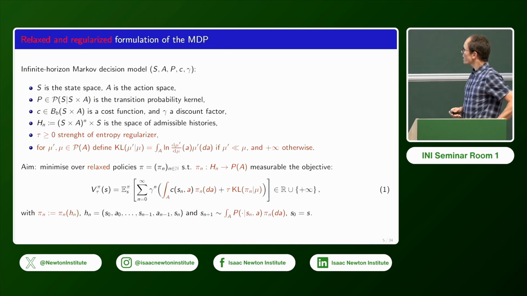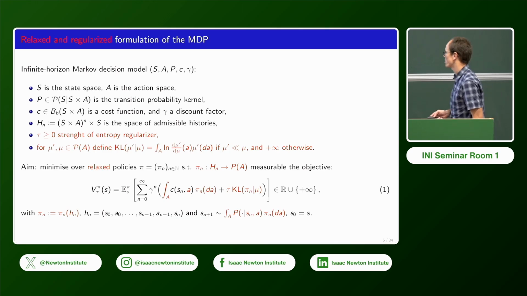So we are working with a state space S, action space A, transition probability kernel P, cost function C, and a usual MDP, except we are looking at mixed strategies. In other words, our policies output a probability distribution, and then the cost is integrated over the probability distribution, and similarly for the transitions. Given state S, we choose a distribution for A, integrate, and this gives us a new state S_{n+1}.